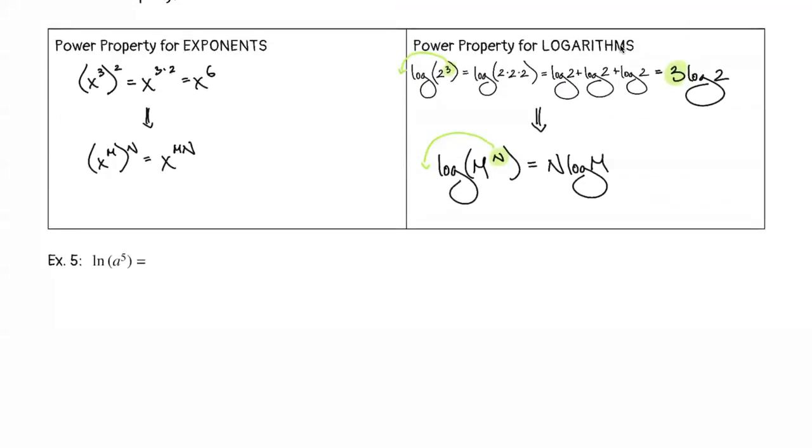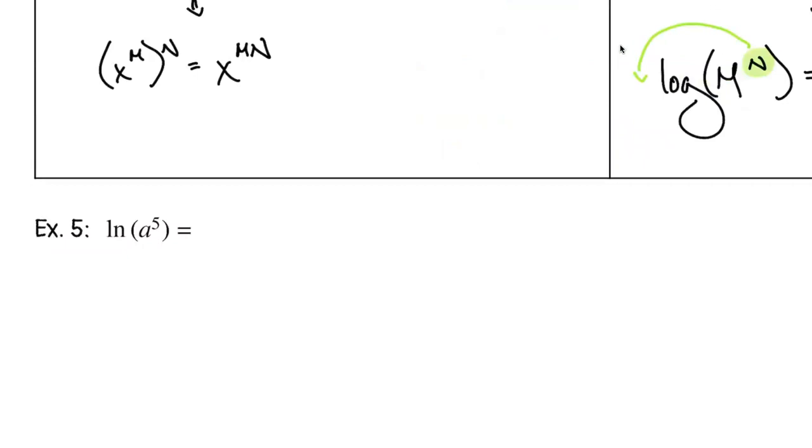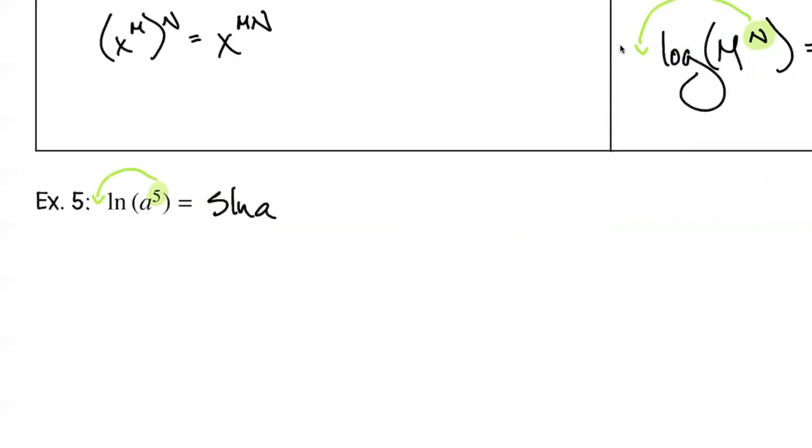All right. How would I rewrite example number 5? Nice. I see that power. Go ahead and bring that down to the front. I get 5 natural log A. Wonderful. All right.